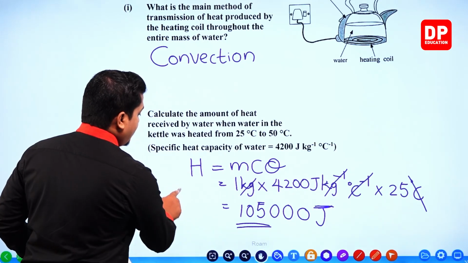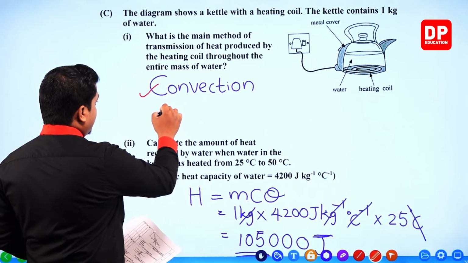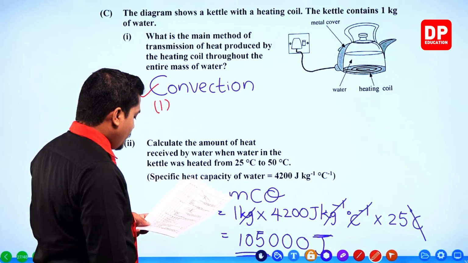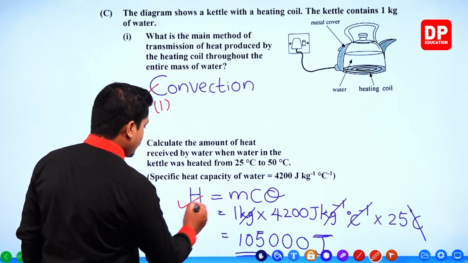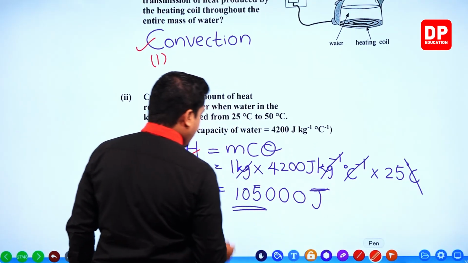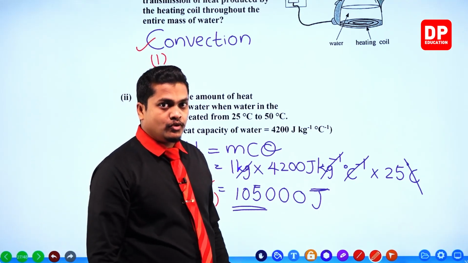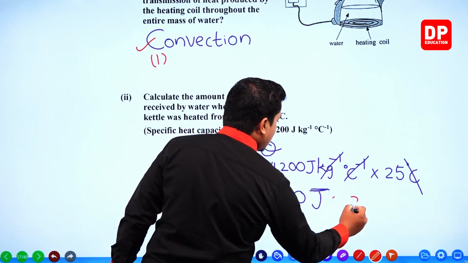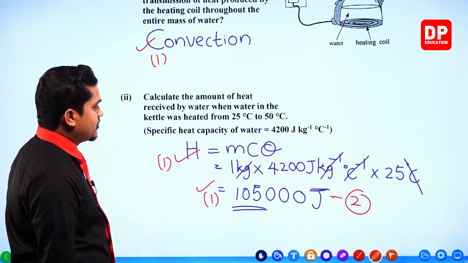For the convection, for this correct answer, they have given 1 mark. Then for the application of the formula, they have given 1 mark. Then for the correct answer, 105,000 joules or else 105 kilojoules, both are correct, they have given 1 mark. So altogether 2 marks for the question.